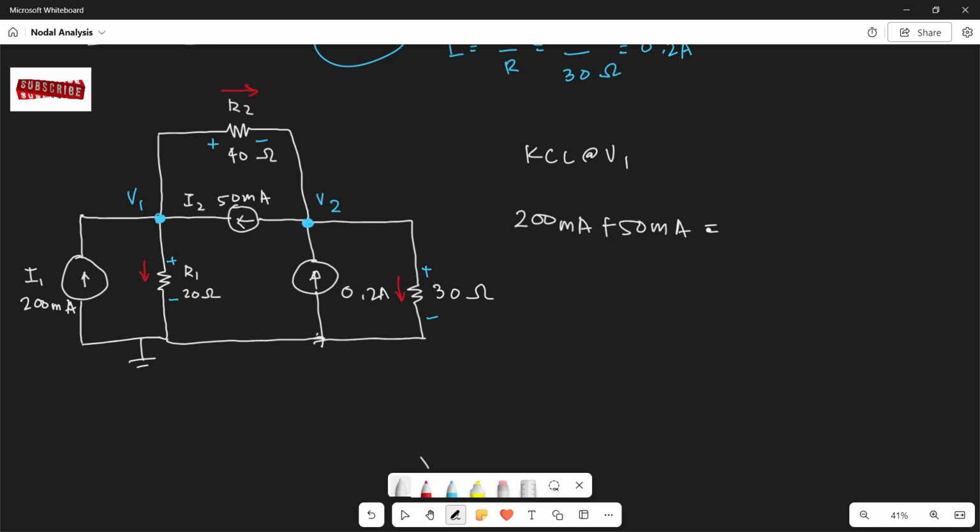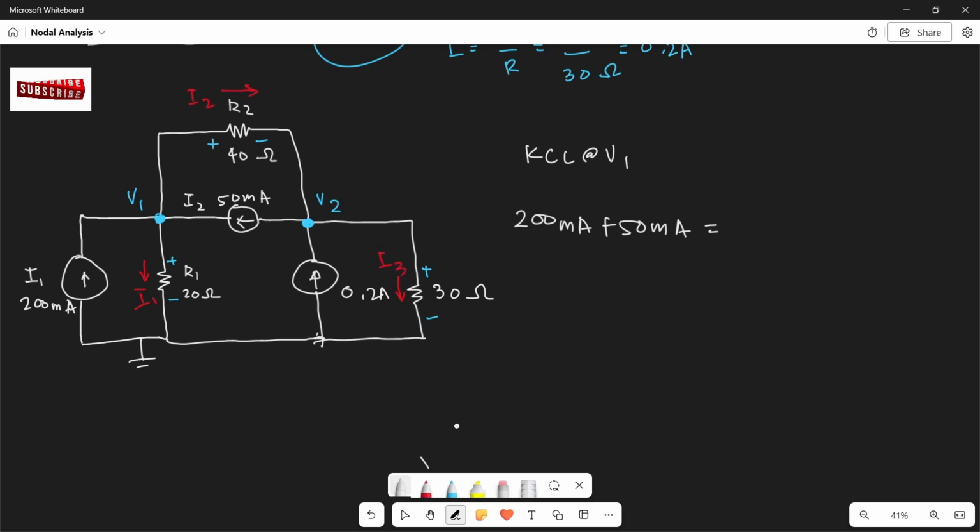This is equal to the currents going out of the node. Let's call the currents I1, I2, and I3.